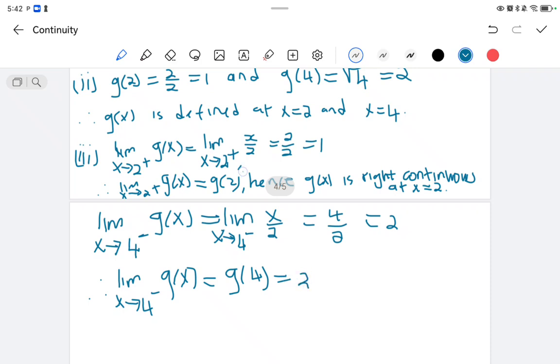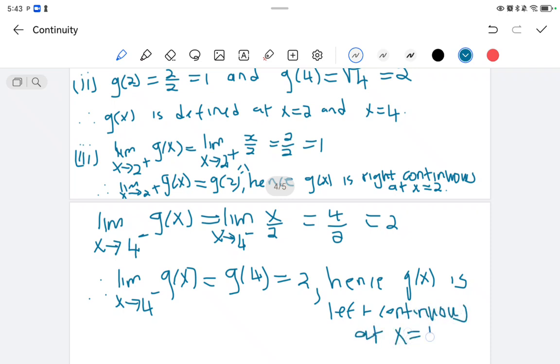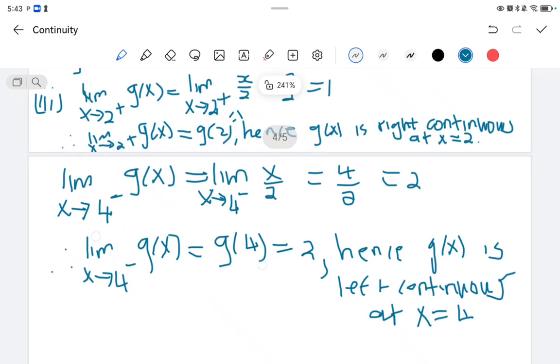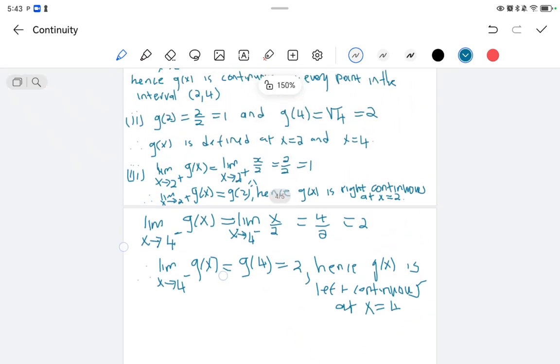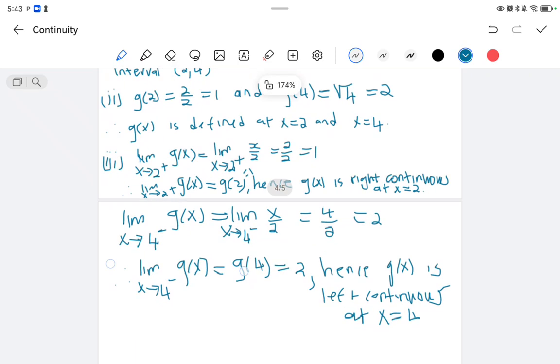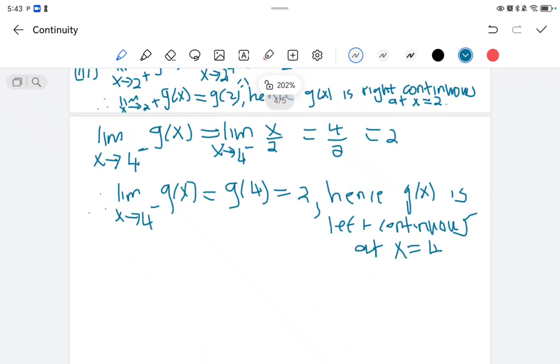Hence, g of x is left continuous at x equals 4. Now I must come to a conclusion. I've checked that it is left continuous and also right continuous.